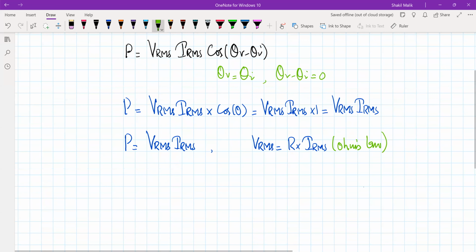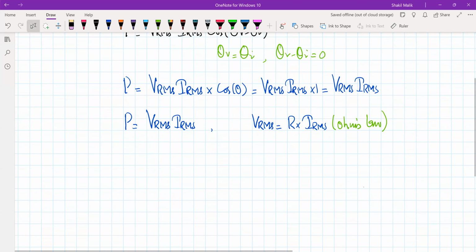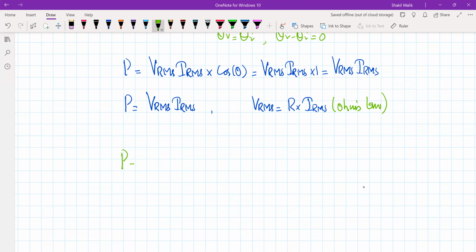If we substitute these quantities, we can get another equation for this average power. If I substitute the current in terms of voltage, it will be Vrms times Vrms divided by R.